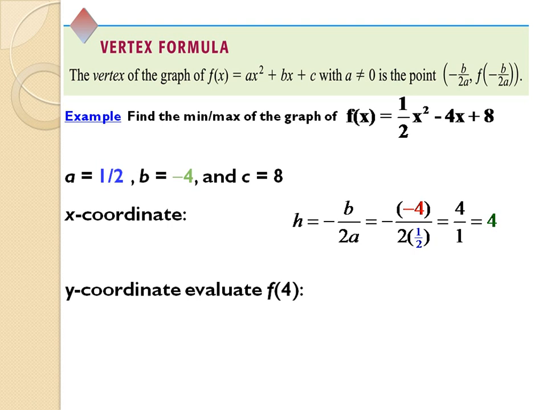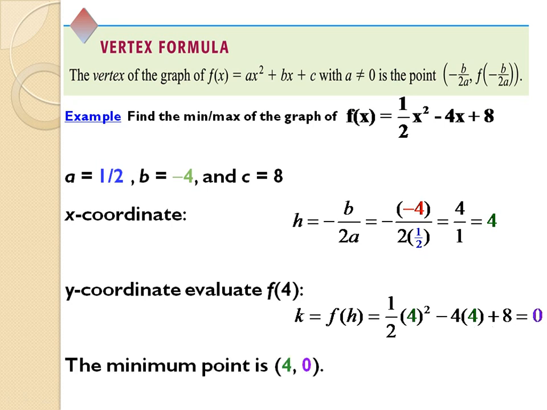The y coordinate is f of negative b over 2a, and since we found out that negative b over 2a was 4, we're just going to plug that 4 back into the function, and that'll give us our y. So the function again is 1/2 x squared minus 4x plus 8. Wherever you see an x, we plug in 4 here and we get 0. So the minimum point is (4, 0).